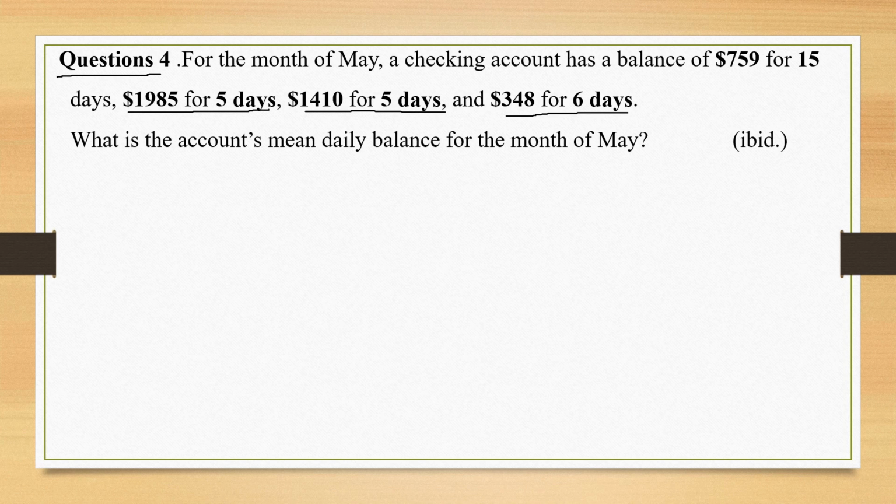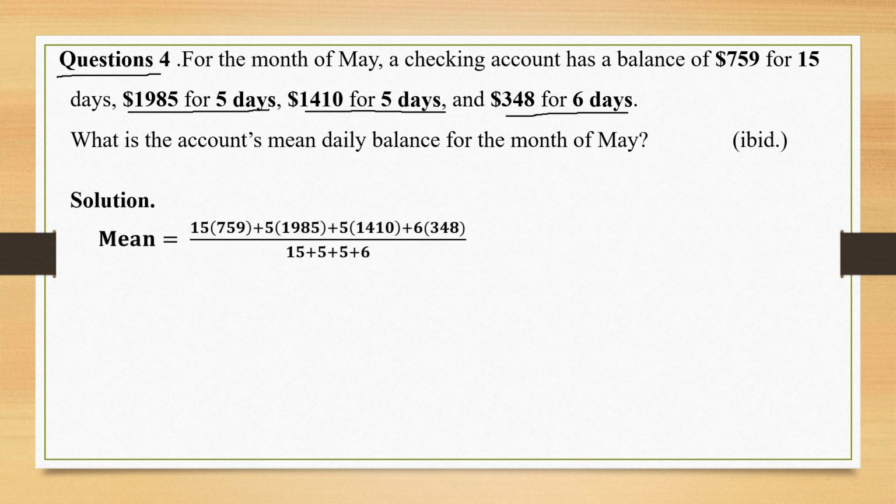Okay, my dear student. So here, the simple thing is that this number is for the first 15 days, so we will multiply it here, and then the second is for 5 days, so we will multiply both the numbers, plus 1410 for 5 days, so we will multiply both the numbers here. And the last one is 348 for 6 days, so we will multiply days and the amount, and then divide by the total days: 15 plus 5 plus 5 plus 6.